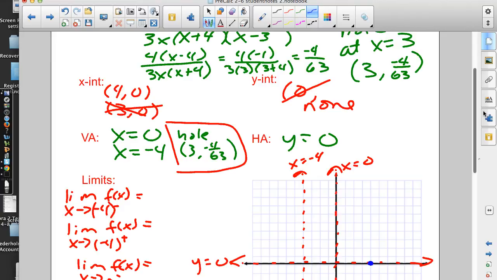At this point, grab a calculator, take a peek, and see what this graph has to offer.